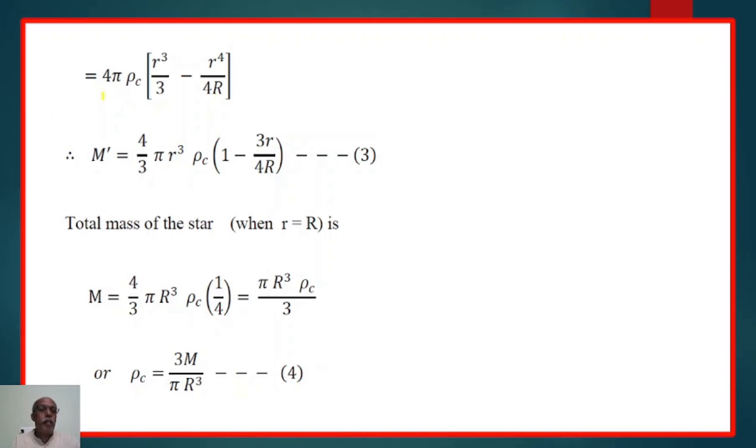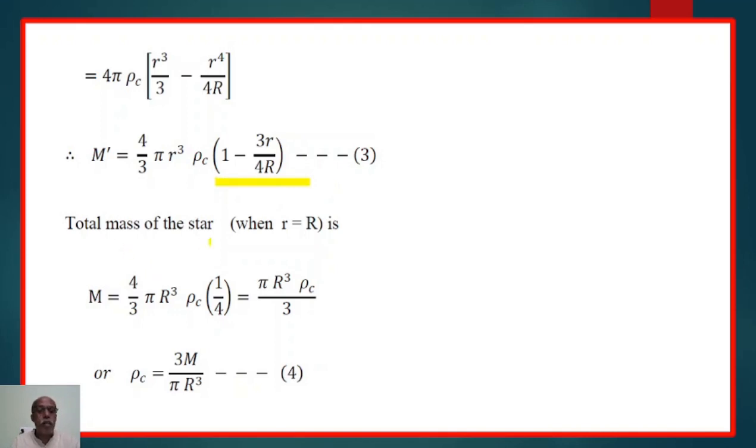Substituting the limits, m dash is equal to 4 by 3 pi r cube rho c into (1 minus 3r by 4R), where we took r cube by 3 as common. This is equation 3, which represents the mass of the innermost circle shown in the previous slide.